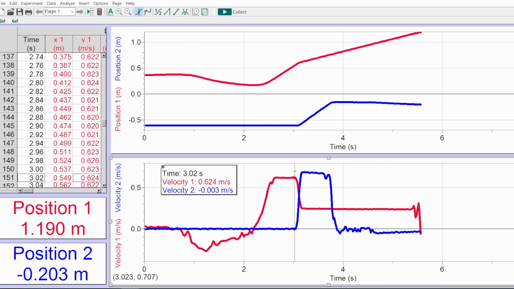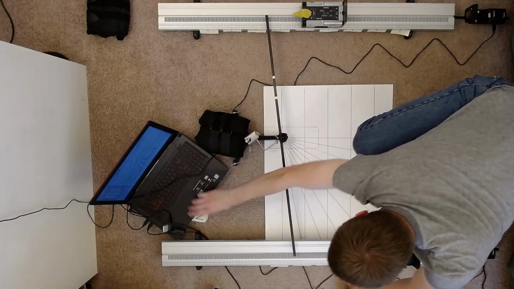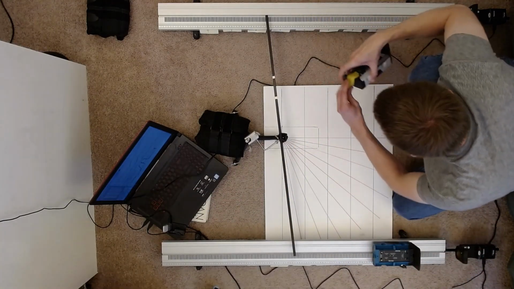For this one, velocity 1 is 0.624 meters per second. After the collision, velocity 1 goes down to 0.248 meters per second. Velocity 2 is 0.691 meters per second. And we'll reset.